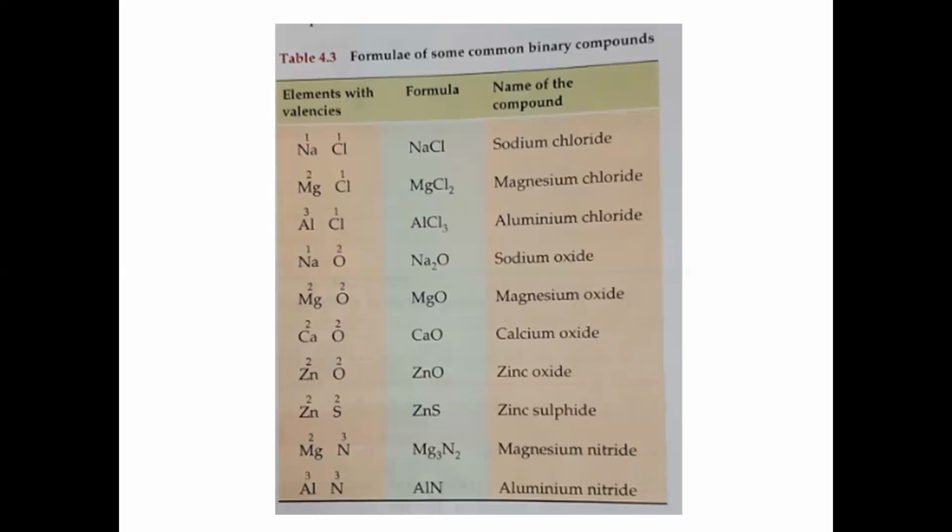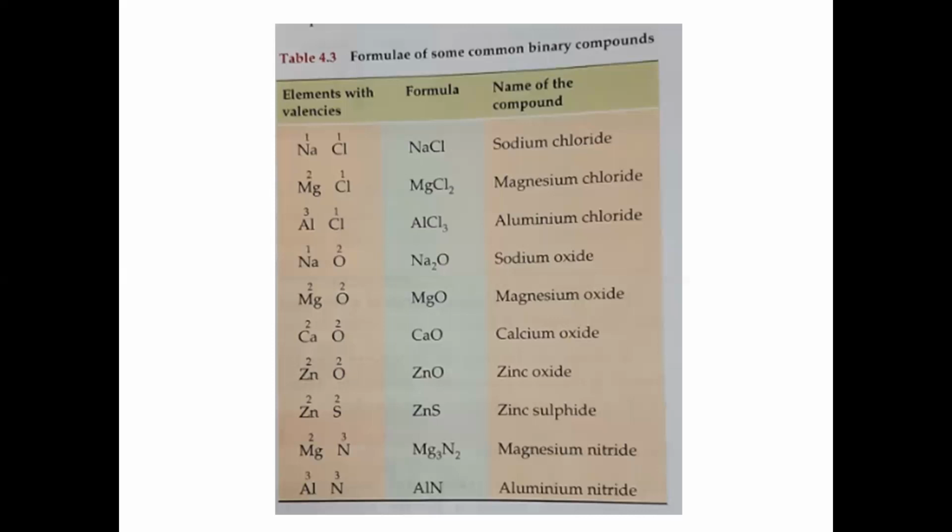Then next, Zn2S2, formula is ZnS. So compound name is zinc sulfide. Next is Mg2N3.